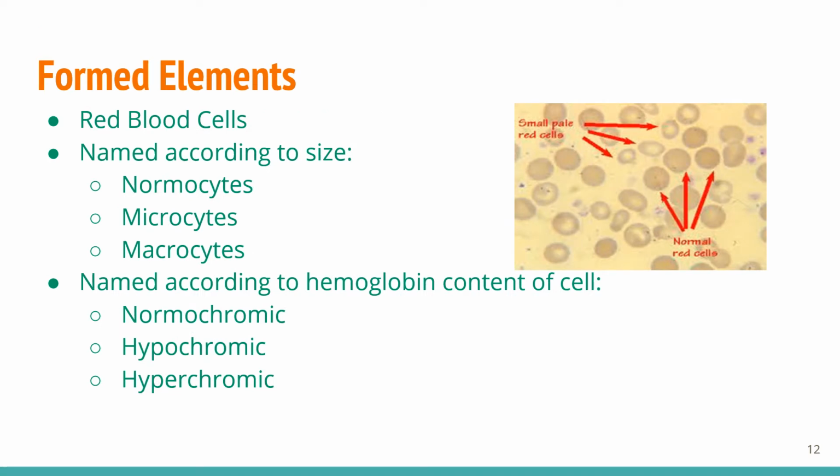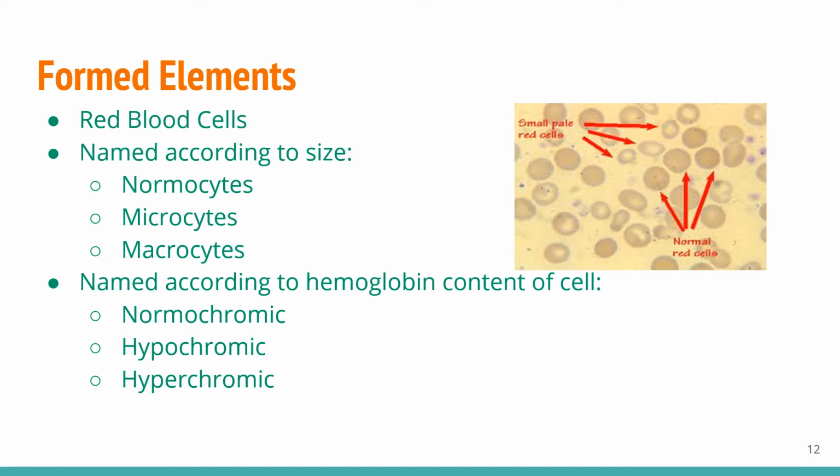All right. So again, red blood cells are named according to their size. You might hear them called normocytes, microcytes, macrocytes. Obviously, micro meaning small, macro meaning large. And they're also named according to how much hemoglobin they have within the cell. A normochromic means the normal amount. A hypochromic red blood cell would have a lower hemoglobin count, and so it would be more pale in color.